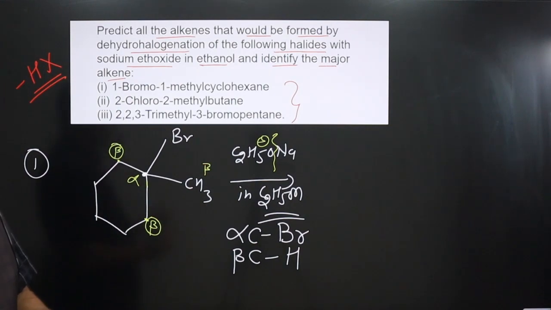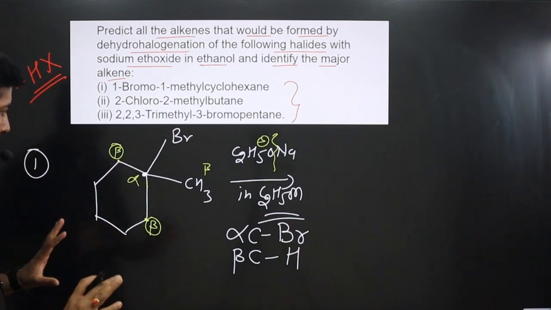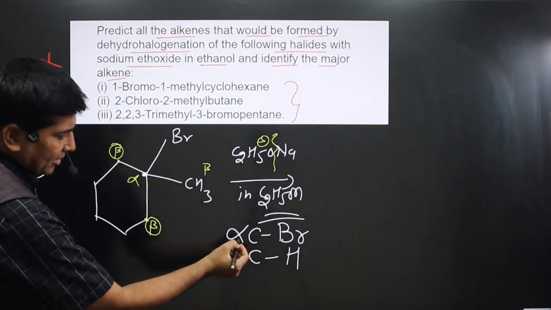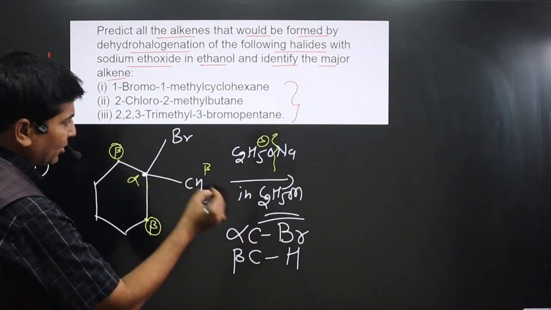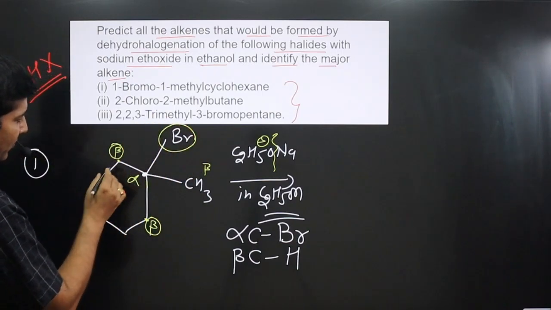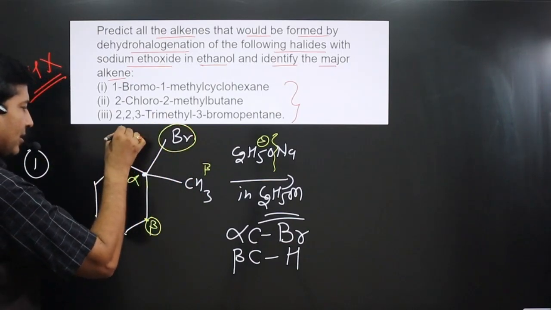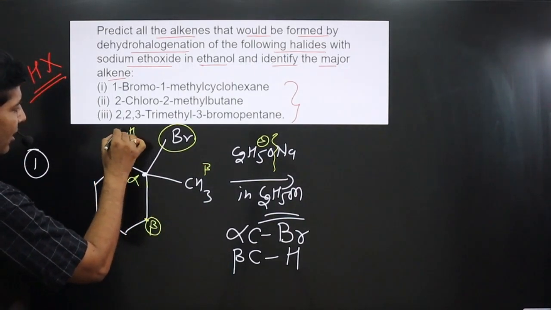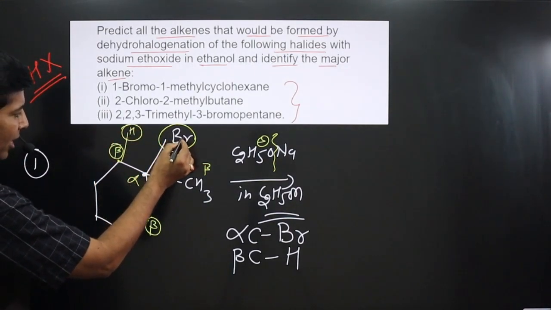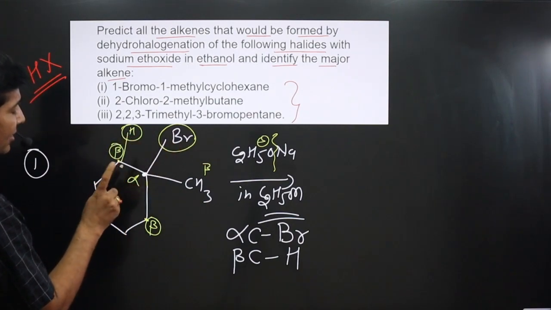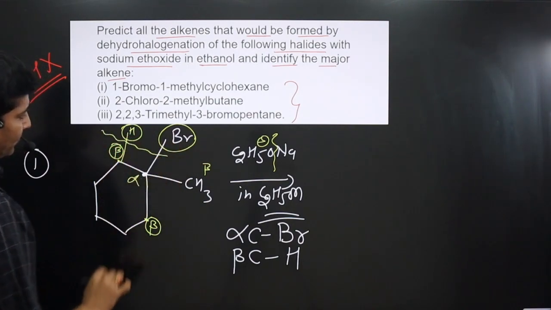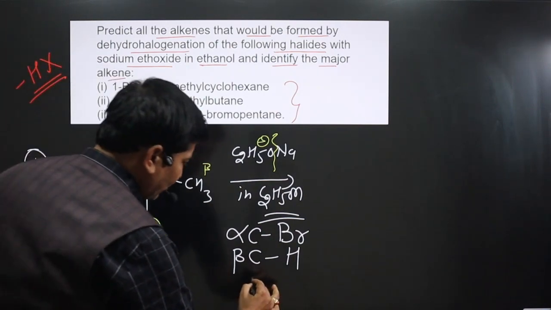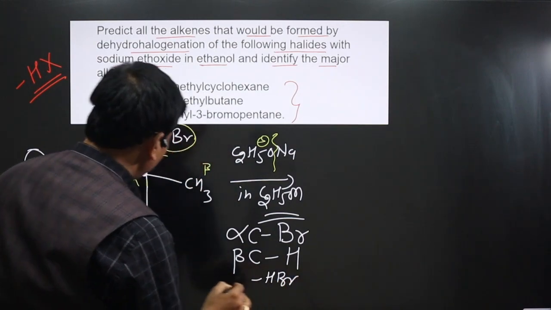Now carry out the elimination. This is the alpha carbon. From the alpha carbon we remove the halogen, and from the beta carbon we remove hydrogen. So we are removing HBr from here.